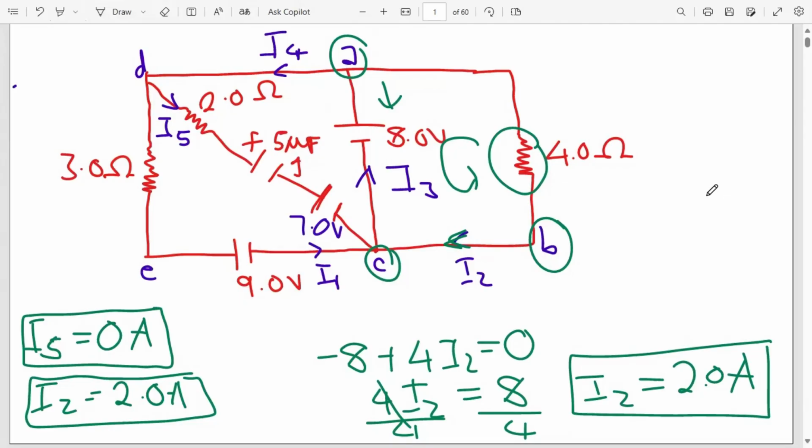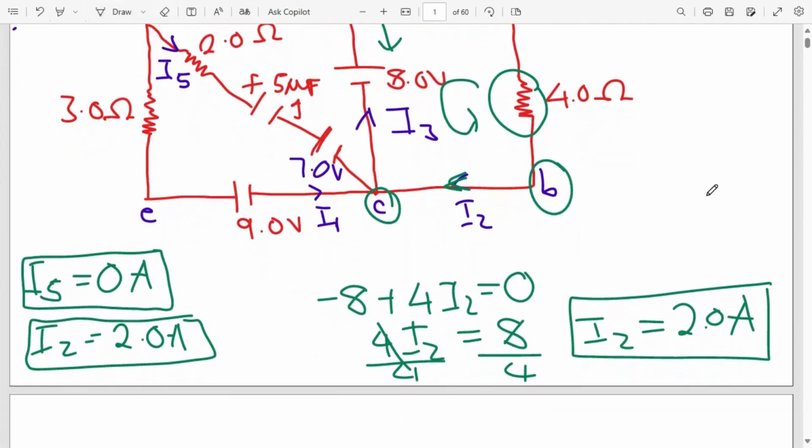So that is going to be a voltage gain, because the voltage across this 4 ohms resistor is against the direction of the current. So I'm having my positive 4I2 there. Then if we manipulate that equation, we get current I2 equal to 2.0 amps. We can go to our next loop.